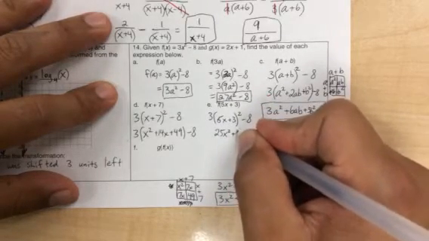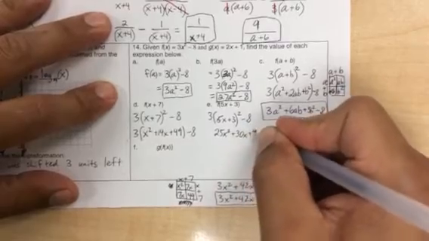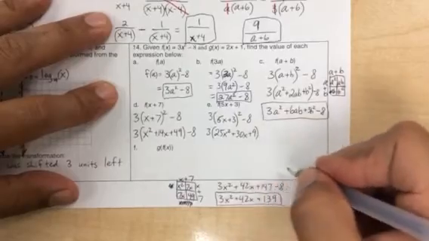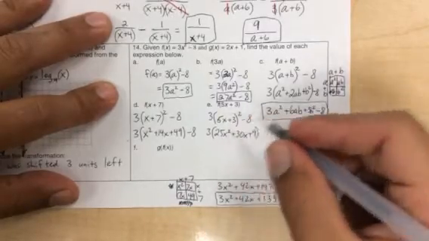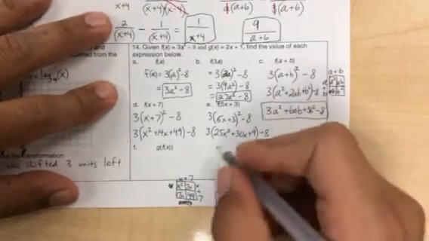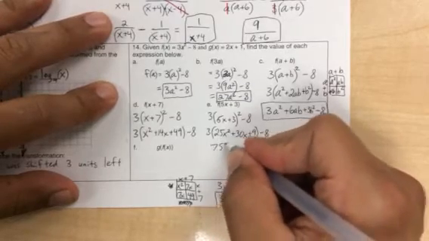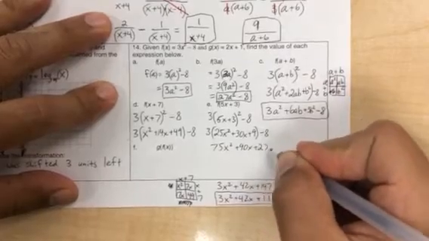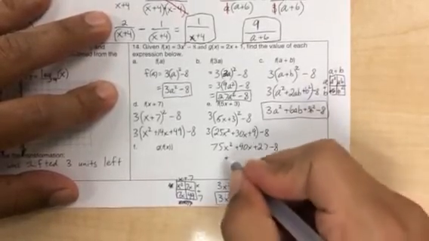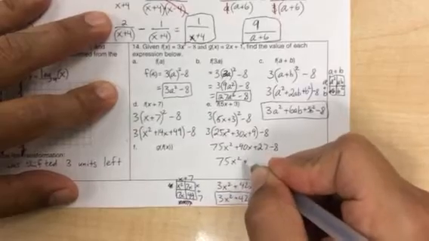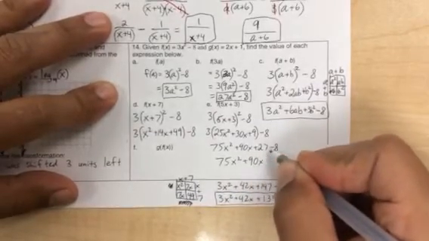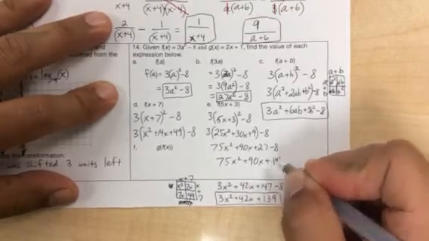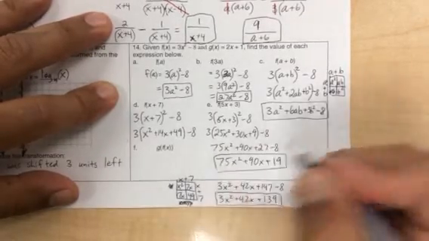Double that, that's 30x, and plus 9. So I didn't use the area model, but if you guys need to use the area model to multiply this binomial, do it. So 3 times 25, that becomes 75x squared plus 90x plus 27 minus 8. 27 minus 8, that's going to be 19. So that's your answer for E.